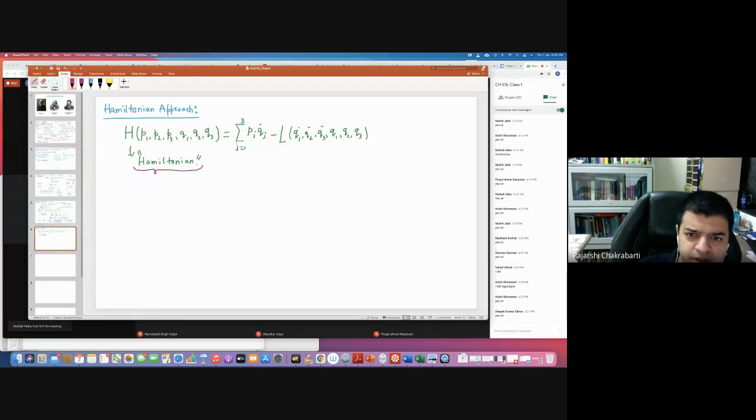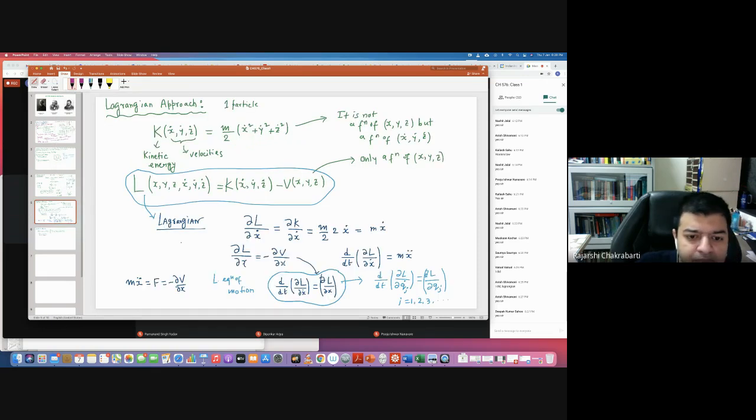This is the Hamiltonian, the way I've defined a function as shown. Now recall, del L del x dot was m x dot. So what is m x dot?